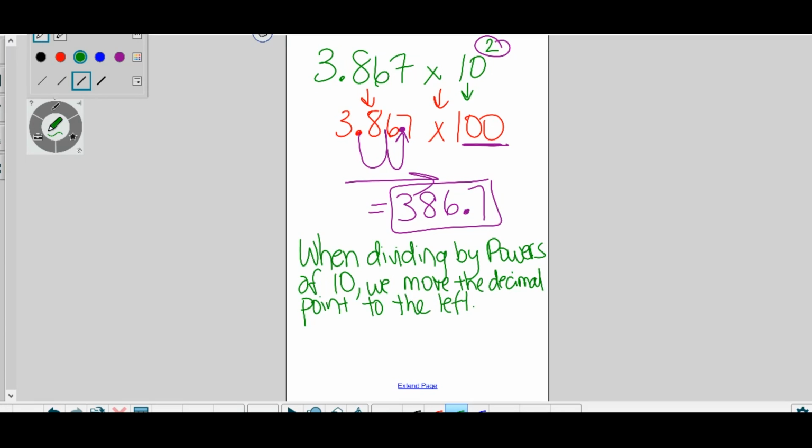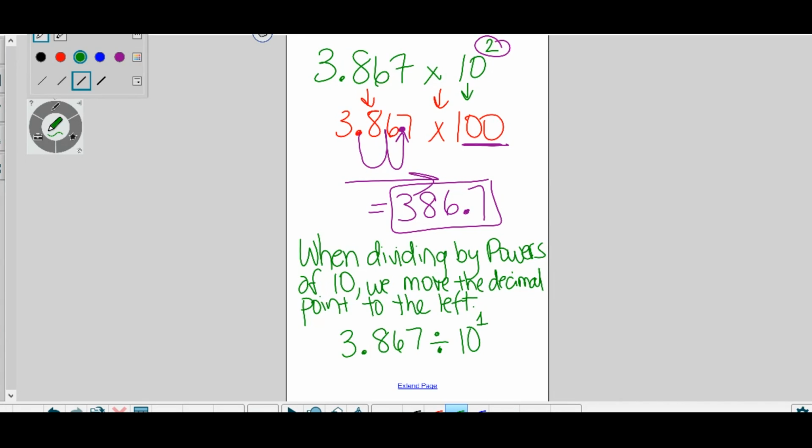Okay, so for our example, let's use the same example that we used up top, but this time we're dividing. So let's say 3.867 divided by 10 to the first power.